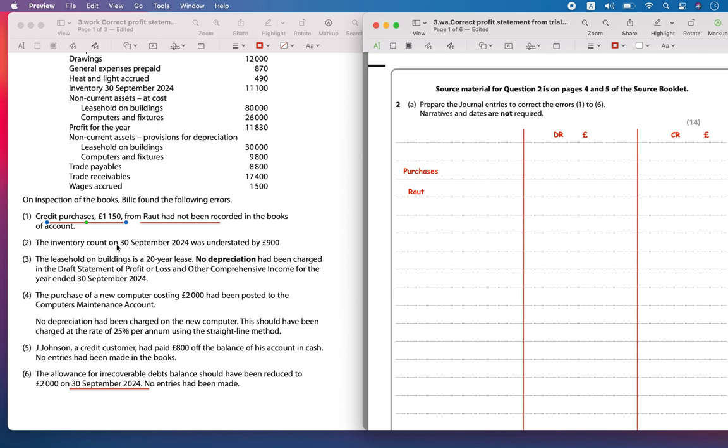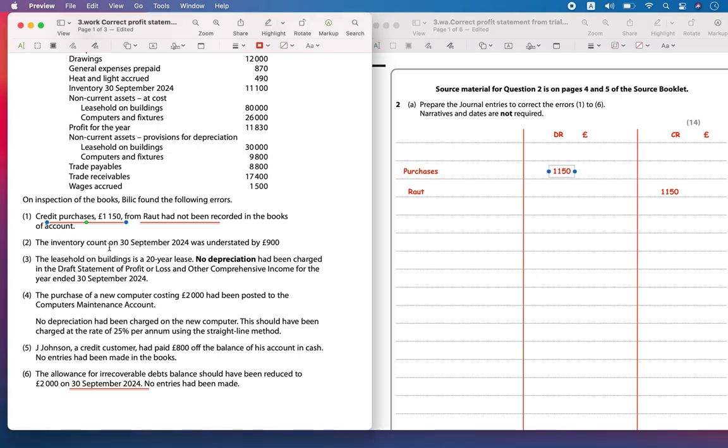In the Roth account this value is going to appear on the credit side. The business had purchased, so it is a trade payables account, so this is going to appear on this side, and in the purchases account this is going to appear on the debit side.